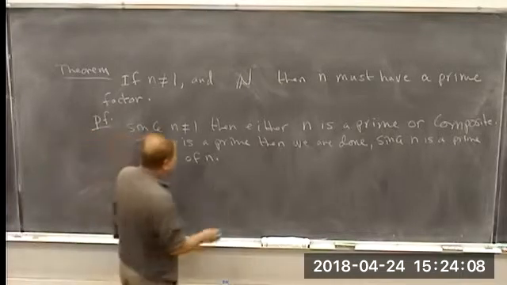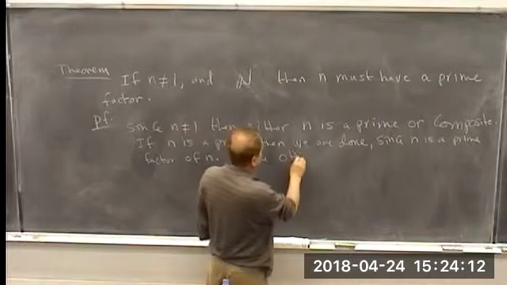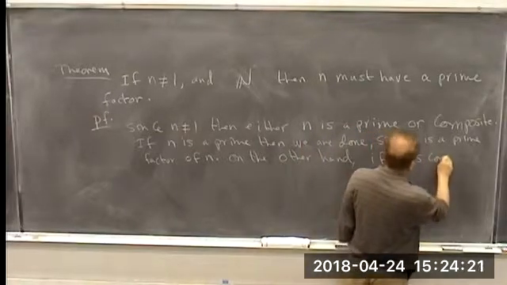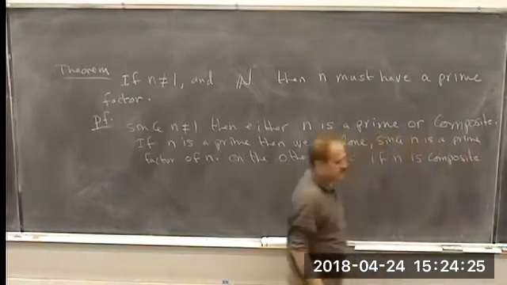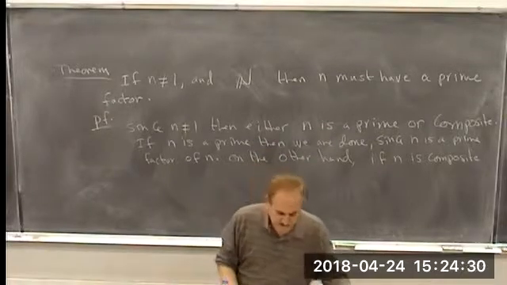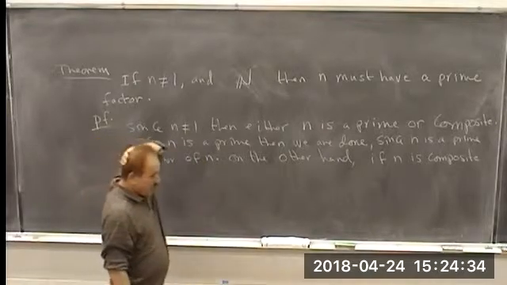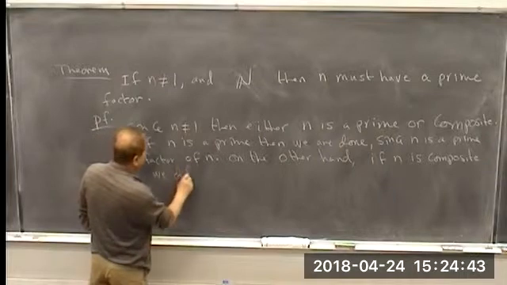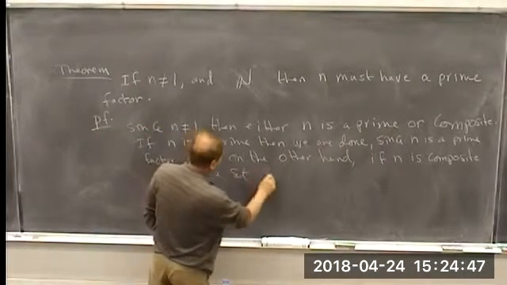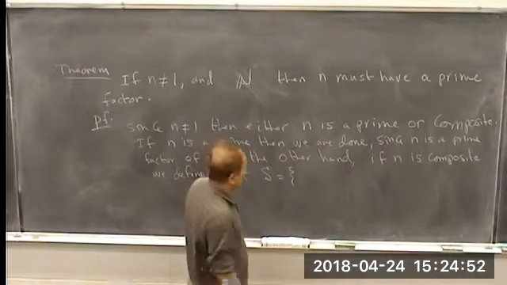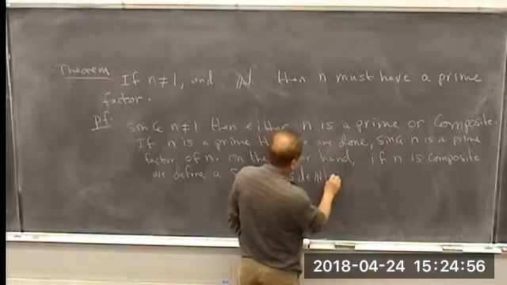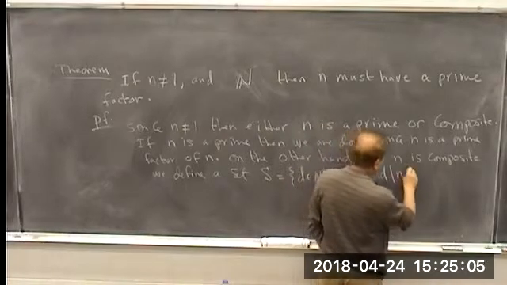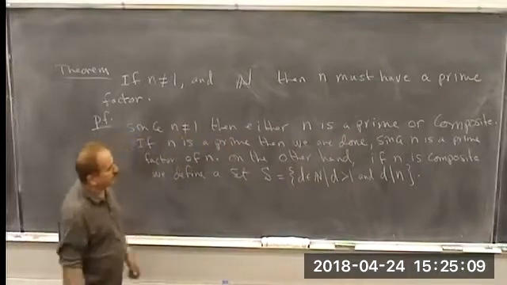On the other hand, if n is composite, in this case, we define a set S to be the set of D in N such that D is bigger than 1 and D is a divisor of n.